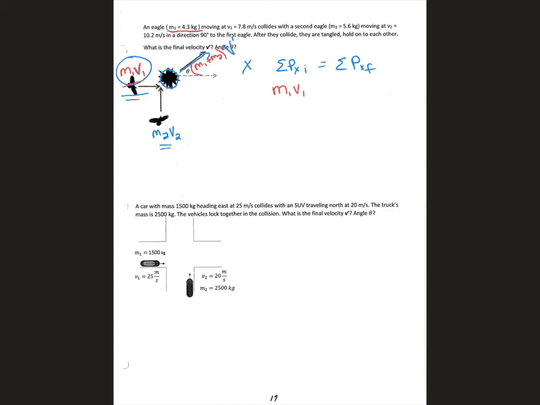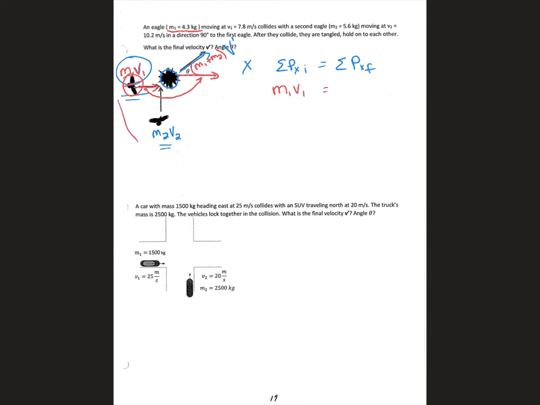Now, after the collision, though, something kind of weird happens, is that their momentum finals are combining. What I'm referring to is that this velocity vector is also the same direction as the momentum vector. So this bird is contributing all of it. So this vector of momentum has to be equal to the momentum after.